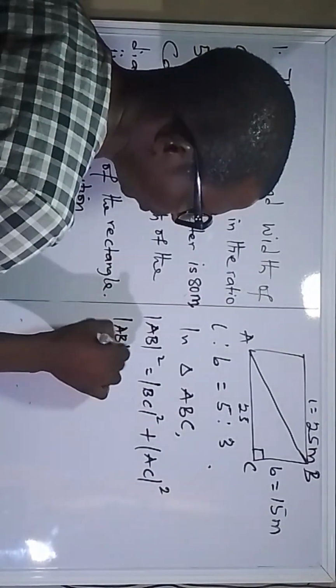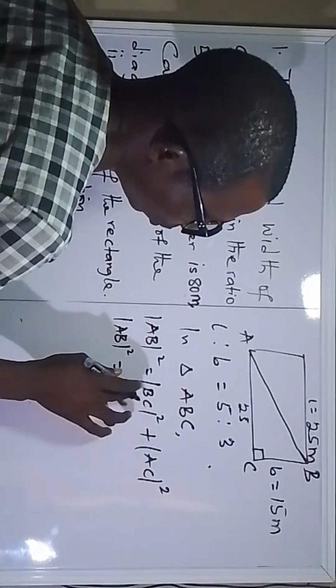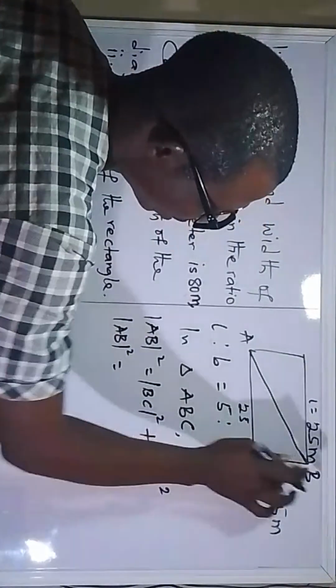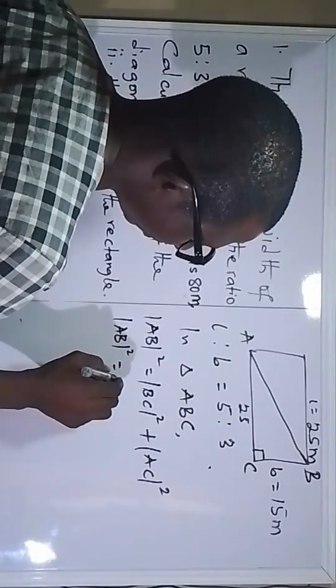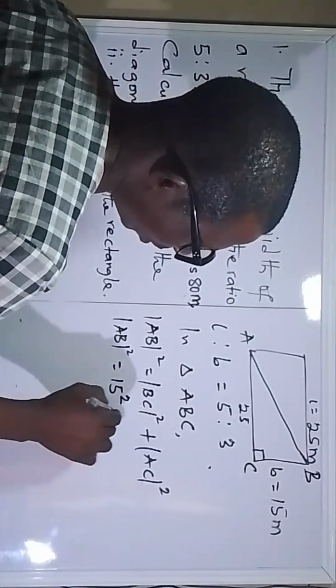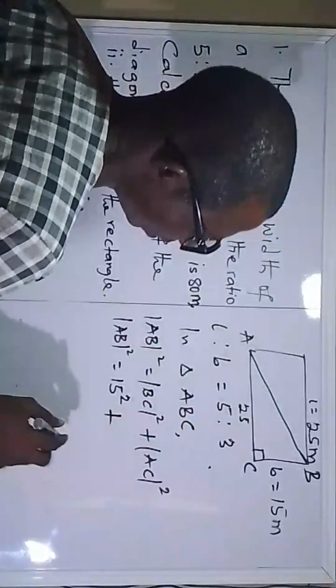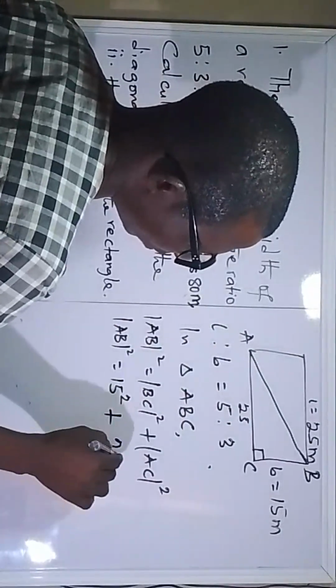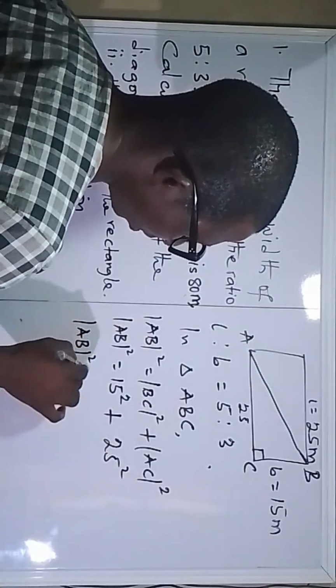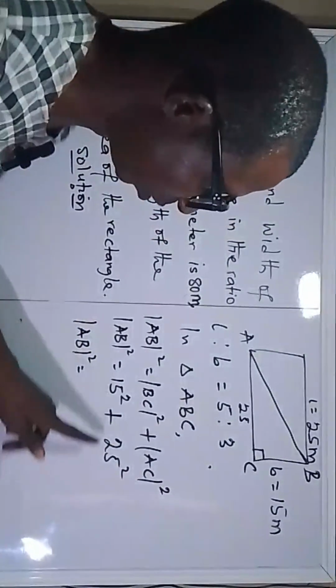So let's substitute. AB, which happens to be the diagonal. What is BC? BC is 15. That would be 15 squared plus AC. AC is what? 25 squared. Alright, so we have AB squared equals, so you square this and also square this.